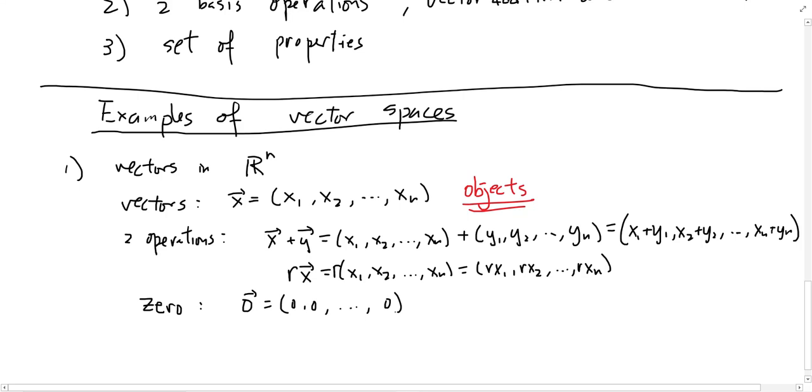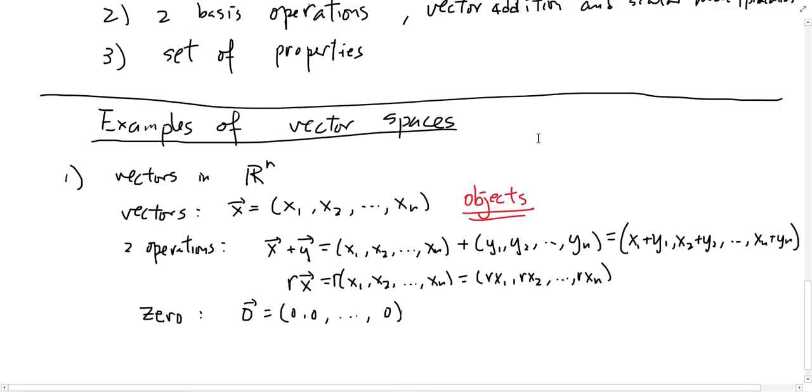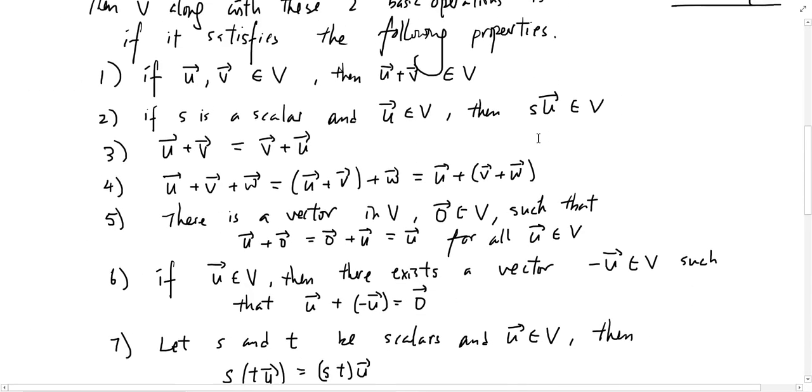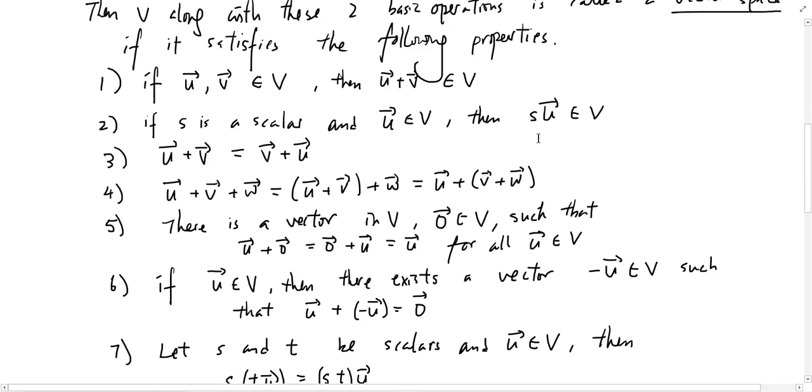In this case, what we're going to need to do is prove that all 10 properties are true. And of course, some of these properties we already know are true, because from last year you already learned about them. We can definitely write out some of these, and I'm not going to prove all 10 of them, but I would strongly encourage that you try to write out the proof for all 10 of them, or at least go through each one and understand and can argue why they're all true.